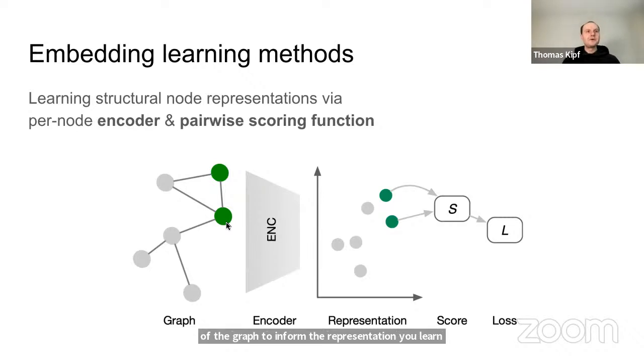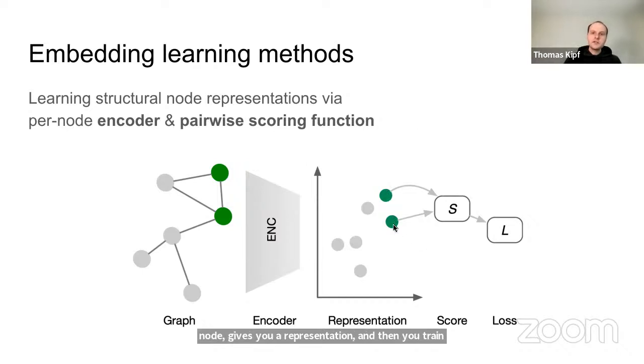A very typical setup for doing this is you have a graph and you learn an encoder for every node. Let's say you take a feature for this node and put it through a simple encoder that just looks at this particular node and gives you a representation, and then you train this representation using a pairwise scoring function.